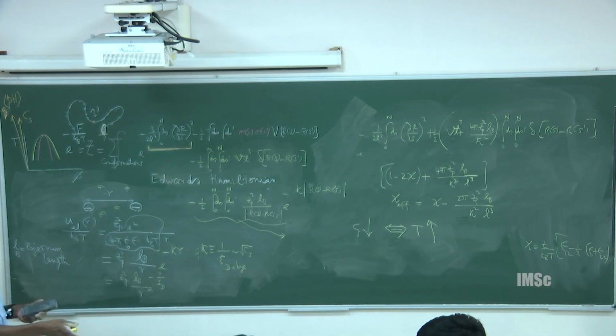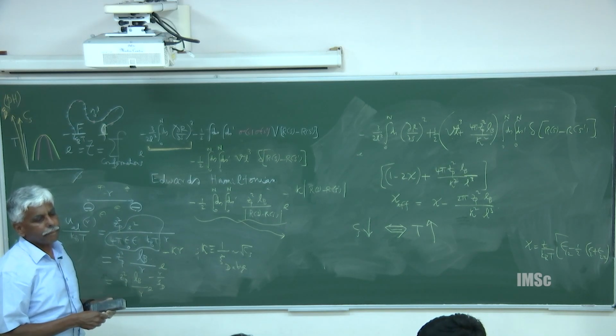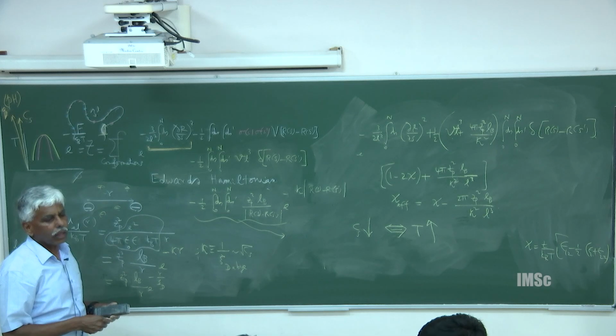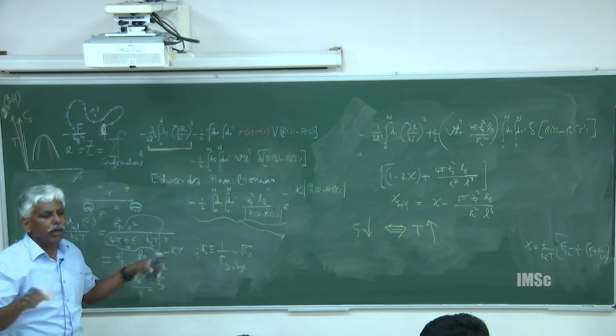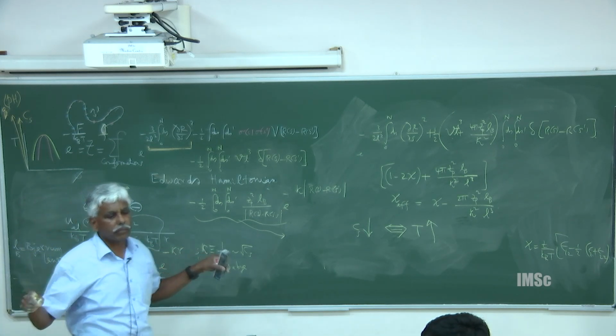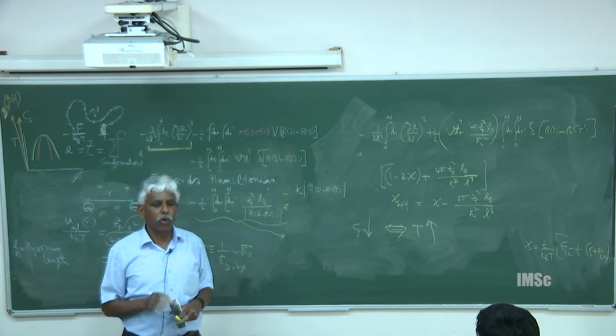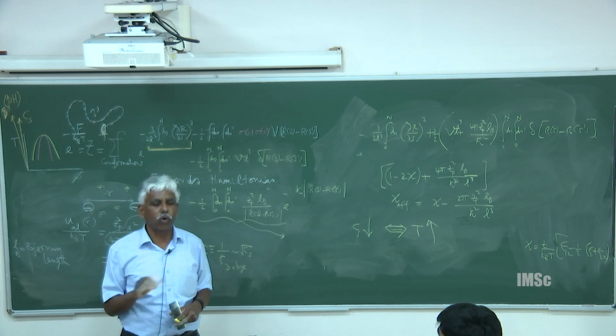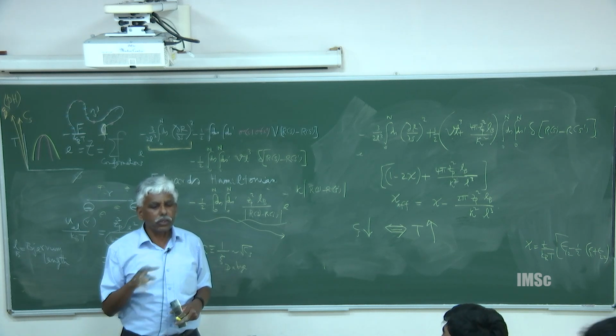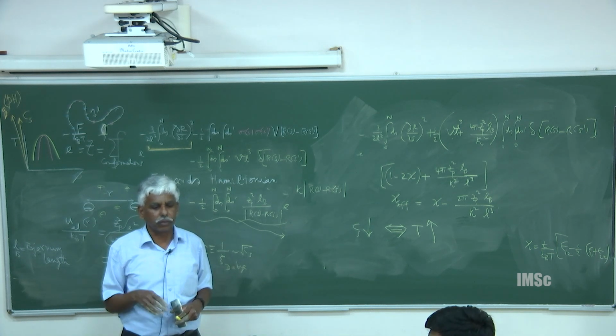Perfect. Sorry, can you remind me what does homogeneous mean? Uniform. Every monomer is charged in the same way. That's what homo means, and hetero means you have different things.